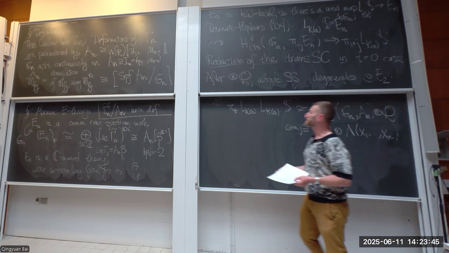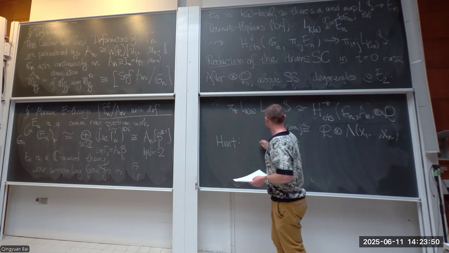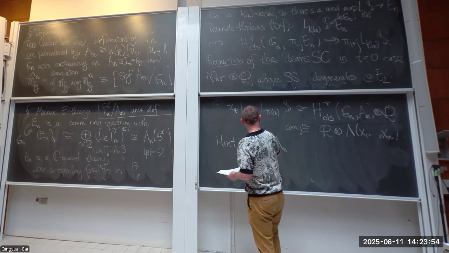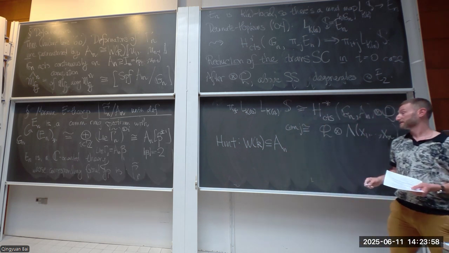So that A_n here certainly contains within it the ring of Witt vectors of K. Remember, K here is F_p bar.